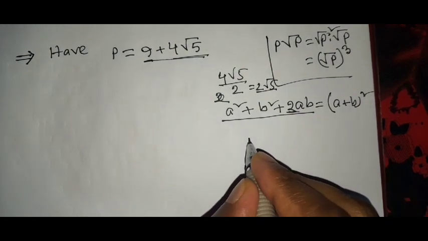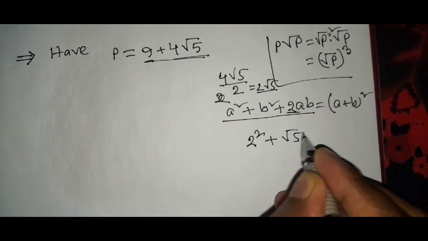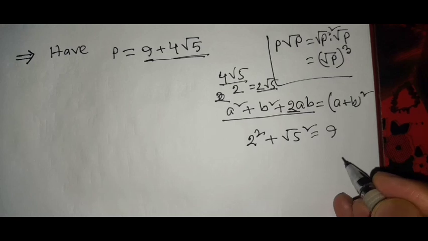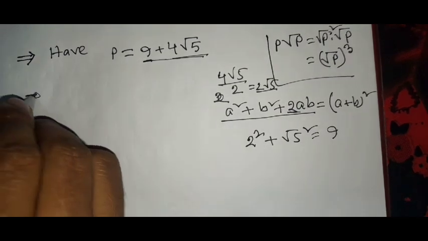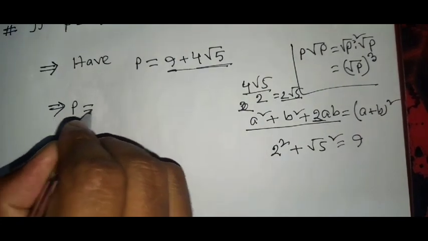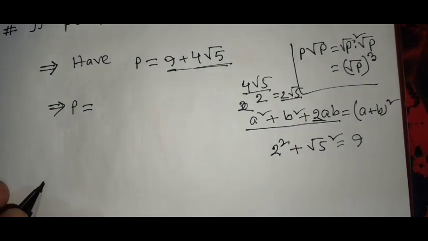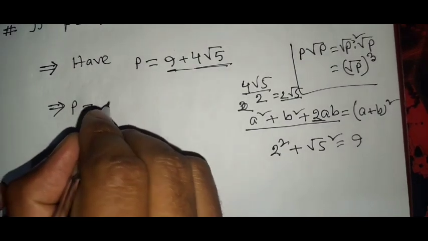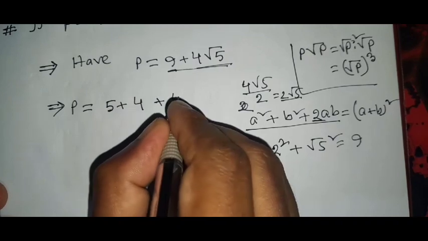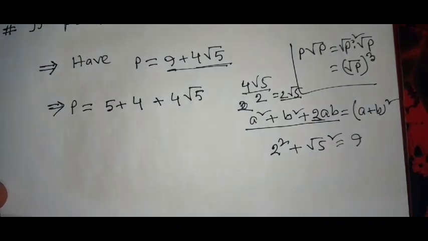If we square 2 plus square root 5, then we can write 9. So we write p is equal to 5 plus 4 root 5. Everybody understand that?